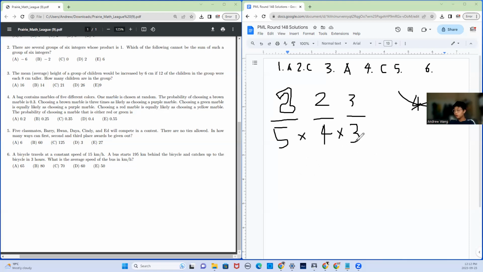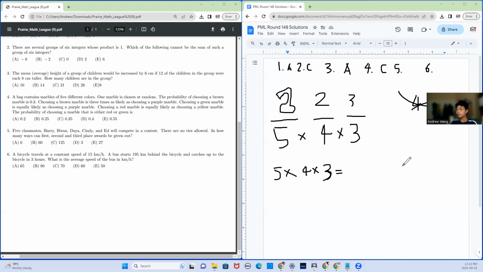When we look at these different possibilities, we're going to multiply them. So 5 times 4 times 3. Individually, first place can be given out 5 different ways, second place 4 different ways, and third place 3 different ways.